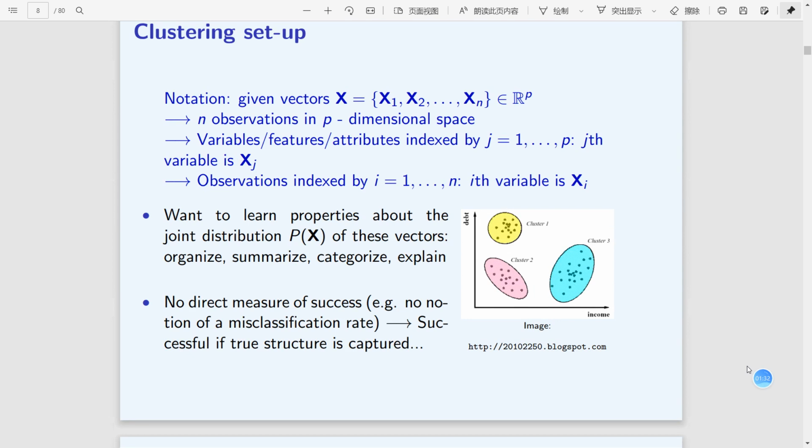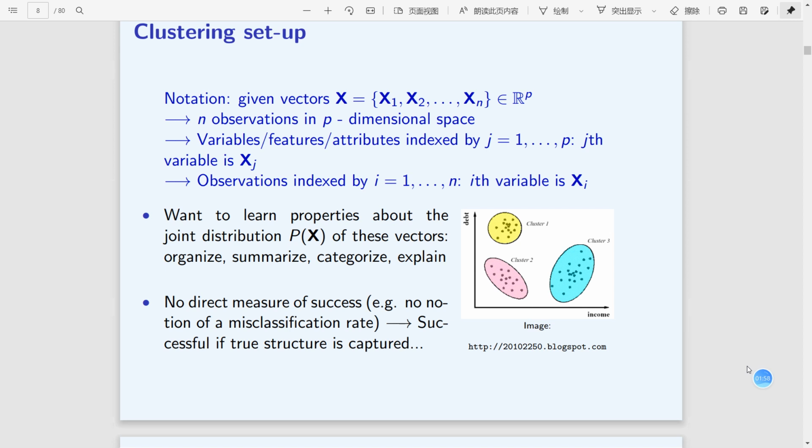Mathematically, clustering could be shaped in this way. Given a vector x, which has n features in our dataset, they are all real values. We have n observations in a multi-dimensional space.